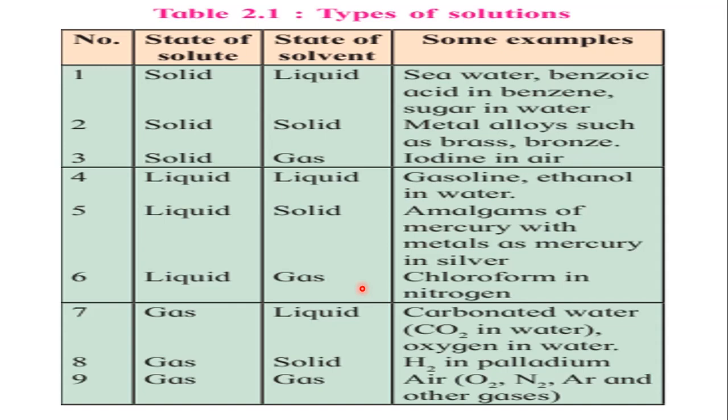And if solute is dissolved in any other solvent other than water, such as benzene, then it is called as a non-aqueous solution. So depending upon the solvent which is used to prepare solution, solutions are of two types: aqueous solutions and non-aqueous solution.